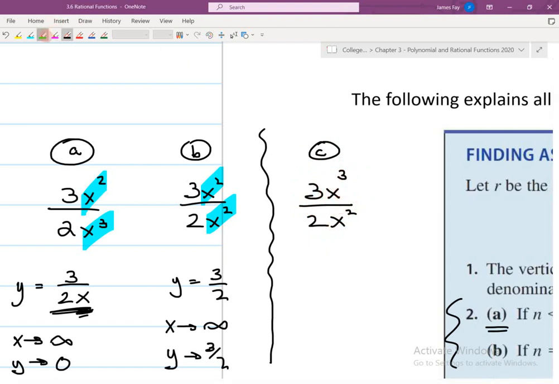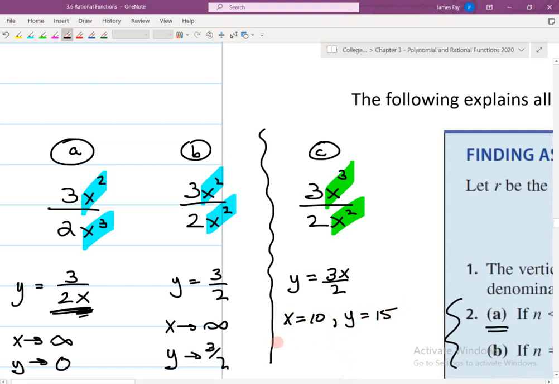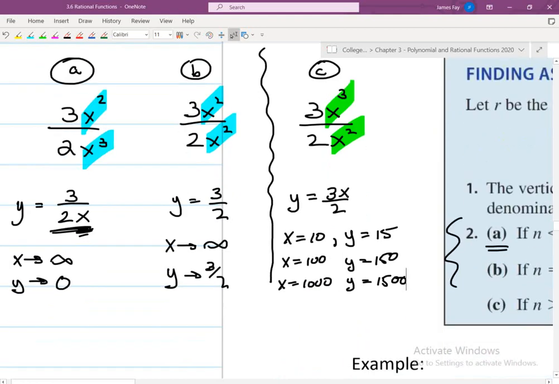But now if I look at these, where is the x going to remain when I cancel? I'm going to get y equals 3x over 2. So if x is equal to 10, y would be 15, right? If x is 100, y would be 150. As x goes to 1,000, y would be 1,500.